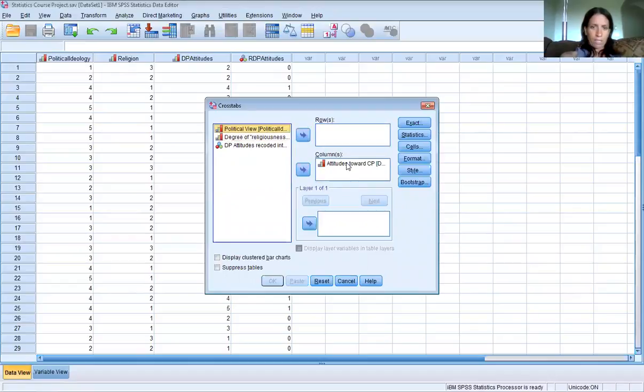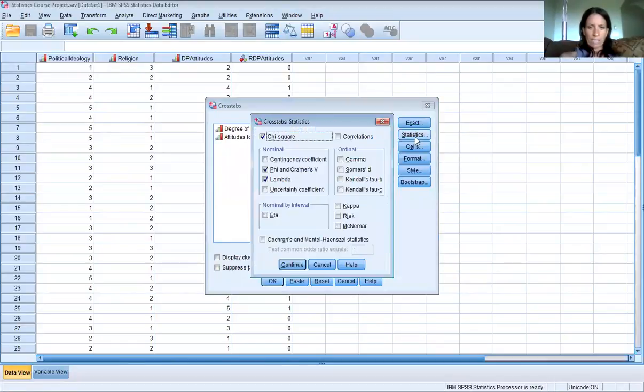And now we are going to move my independent variable, which is political views, into the row, and the recoded dependent variable into the column.